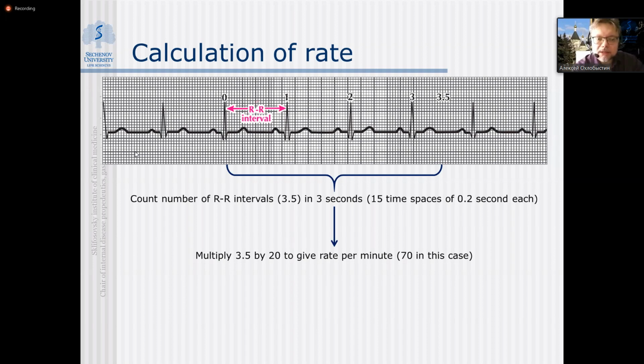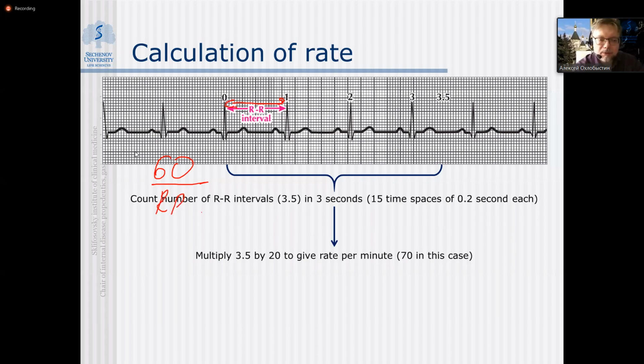How can we calculate the heart rate? From the point of view of mathematics, the easiest way is to measure the duration of one cardiac cycle, for instance the RR interval, and divide the 60 seconds that are in a minute by the duration of that interval, definitely in seconds.